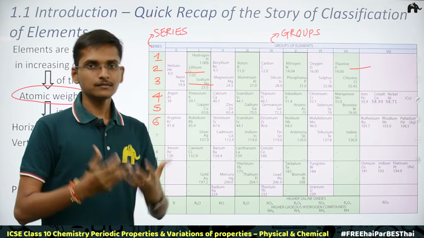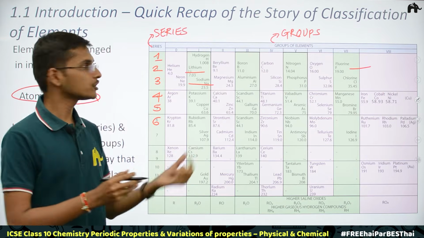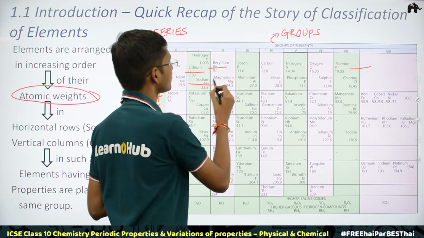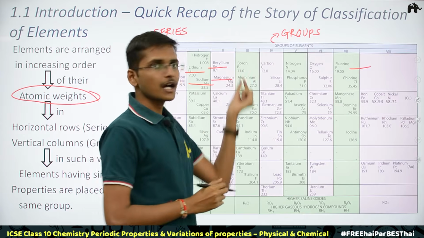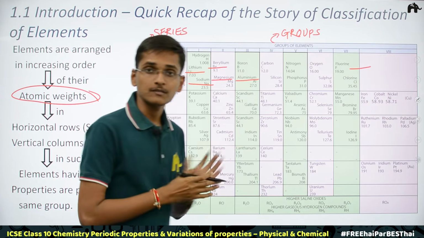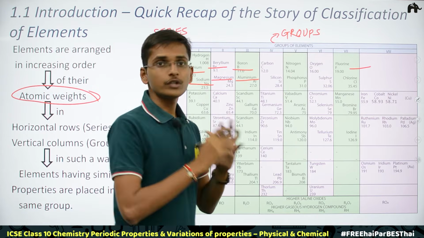But from experimental data I get to know that magnesium has properties similar to beryllium, so I place magnesium below beryllium. The next higher atomic weight element is aluminium, and again I find that aluminium has properties similar to boron, so I place it below boron. And the story goes on.